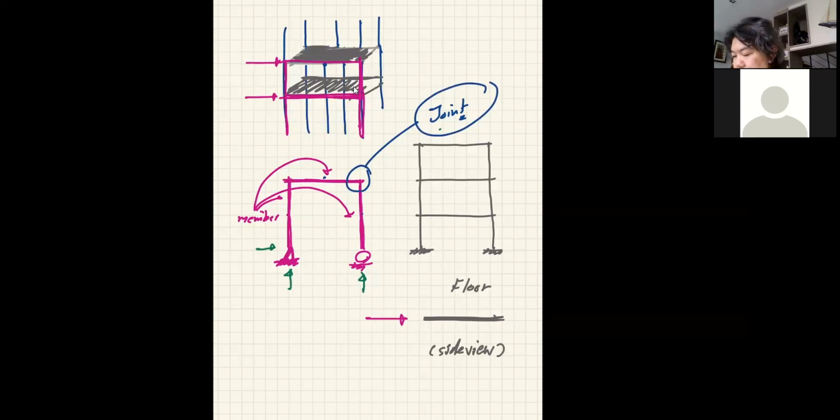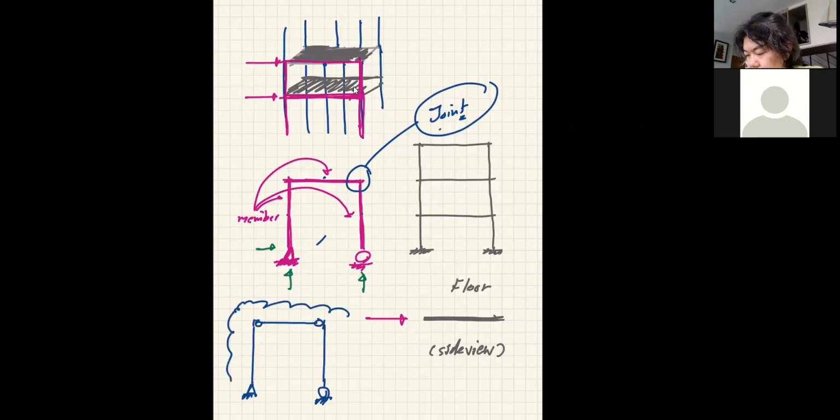Because let's say I have a frame like this, and then I have the floor, just like what we talked about before. And then I connect the floor to the beam, let's say the floor is a simple beam. This system that you see now, this dark blue one here, is, ladies and gentlemen, unstable.